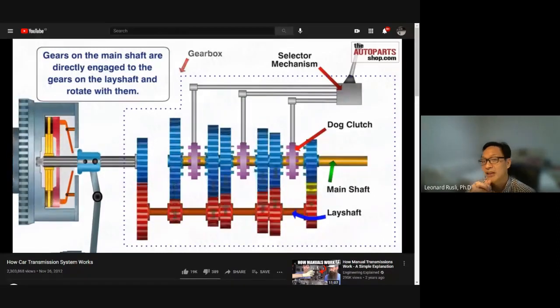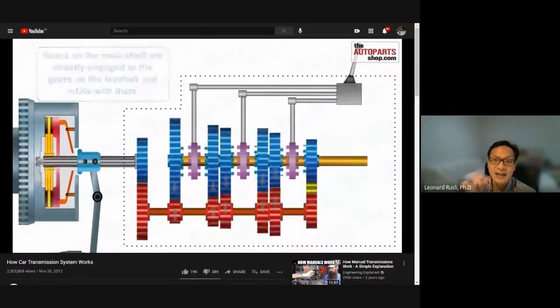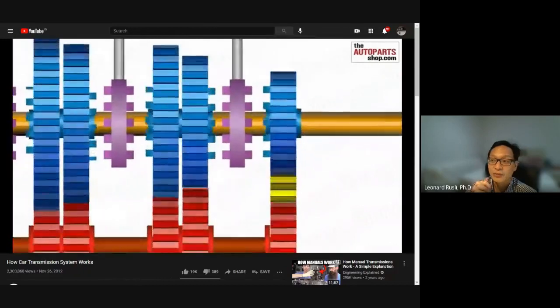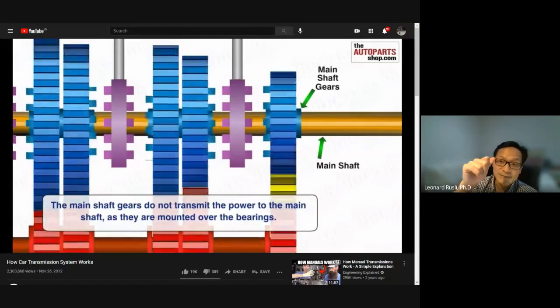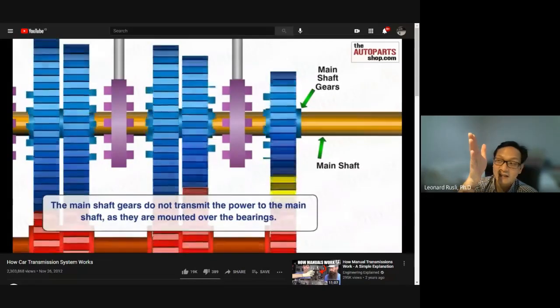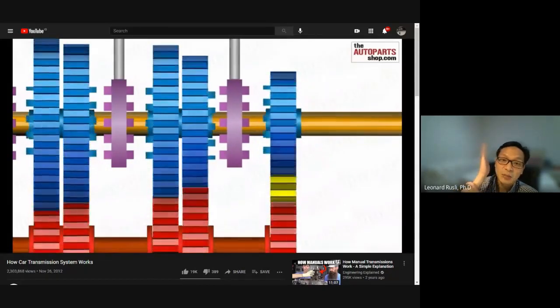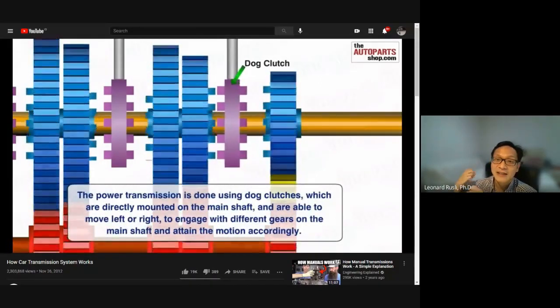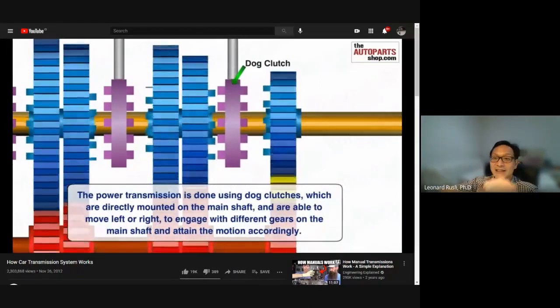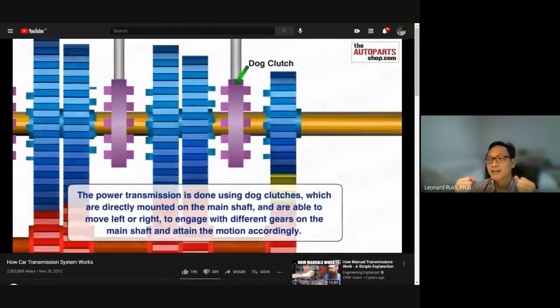If you remember in your bicycle, right, the mountain bike, most of you would probably have a mountain bike. Kalian bisa oper giginya kan? Pindah-pindah chainnya, sprocketnya. Kalau kalian pilih sprocket yang kecil di depan, yang besar di belakang, enteng kan? Jadi kalau enteng, you generate a lot of torque.